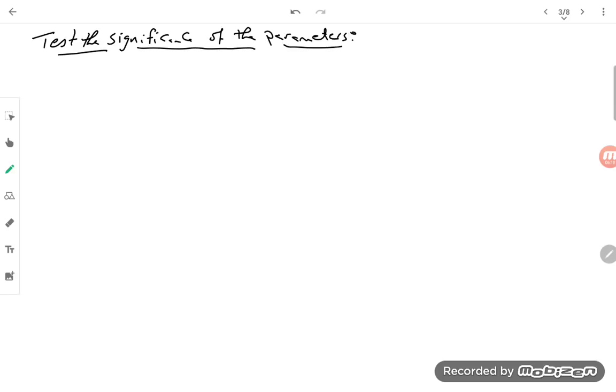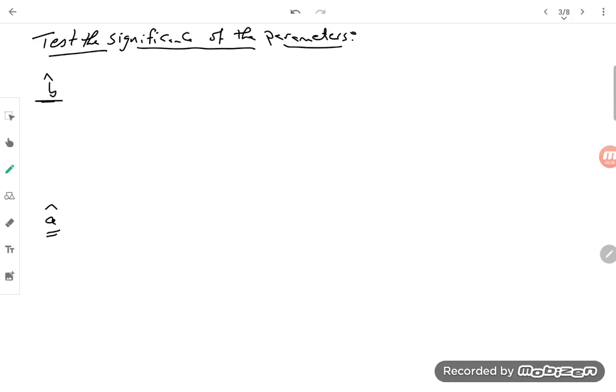Now we would like to test the significance using t-test. We would like to test the significance of b and then the significance of a.